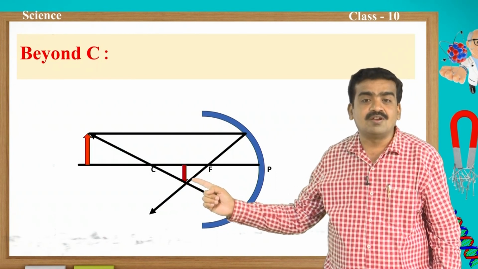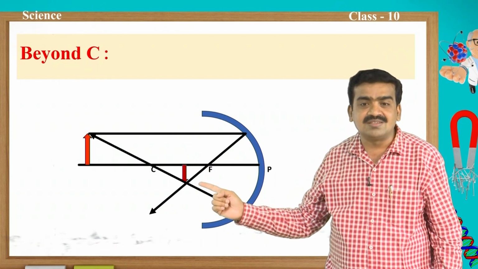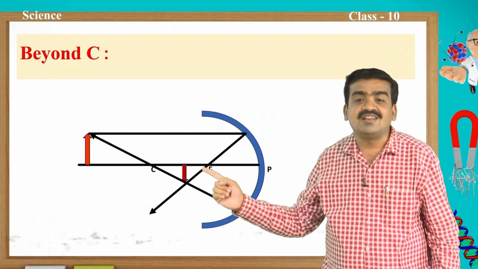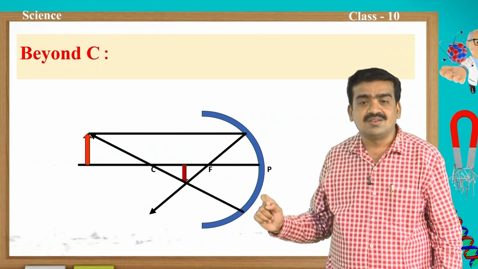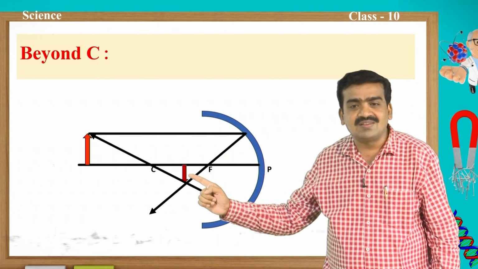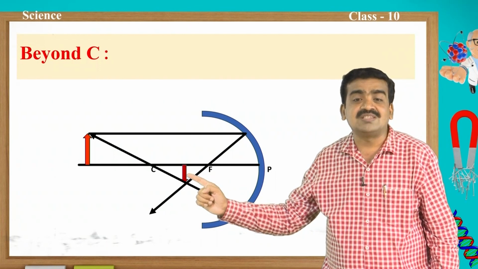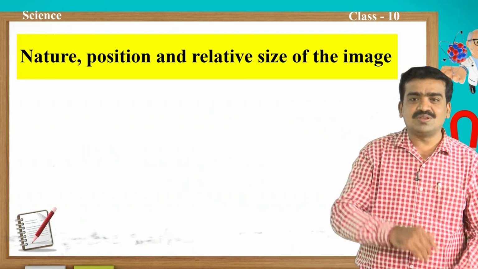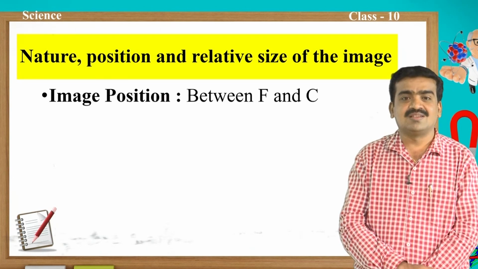Then if you compare the height of the object and the height of the image, you will come to know the nature of the image formed. When it is placed beyond C, we notice an inverted image, the size is very small, and the position of the image is between C and F. Here I am showing you again the nature, position and relative size of the image.